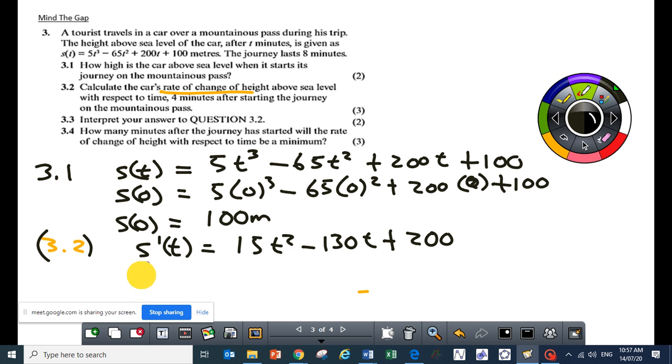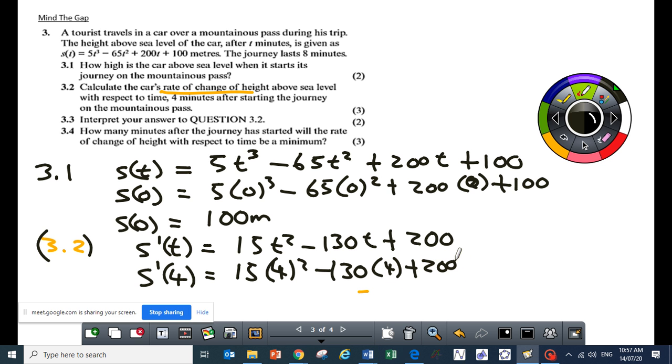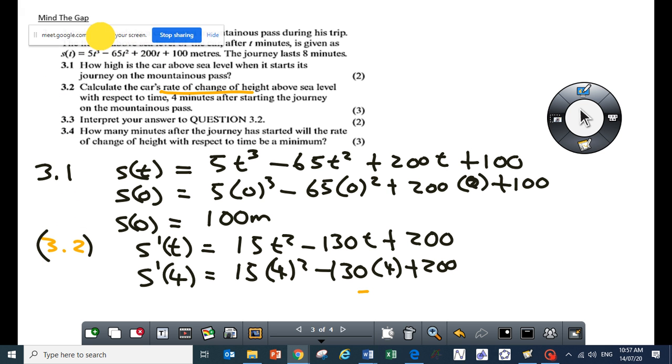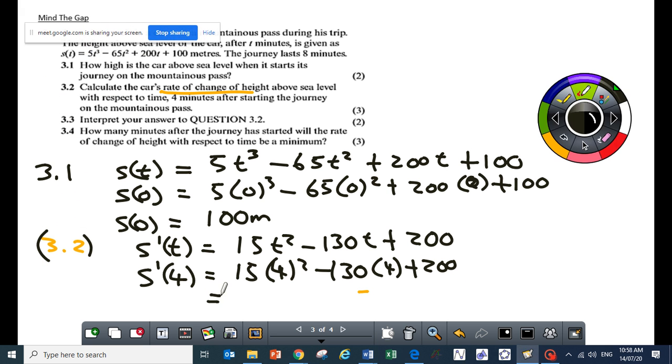So s prime of 4 is going to be 15 times 4 squared minus 130 times 4 plus 200. What answer do you get? Minus 80, so that will be minus 80 meters per minute.